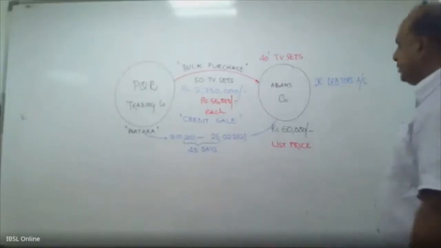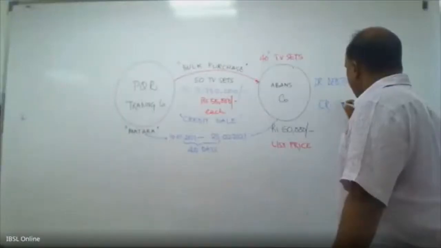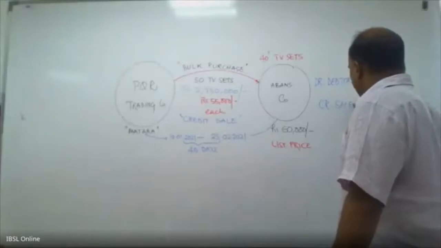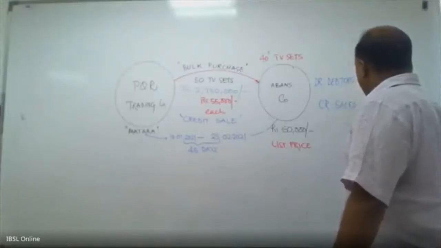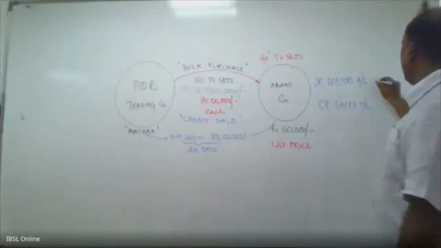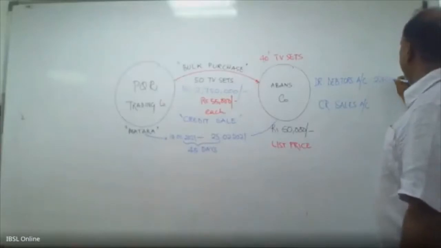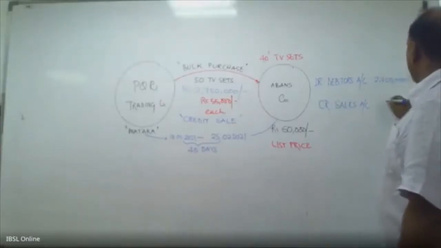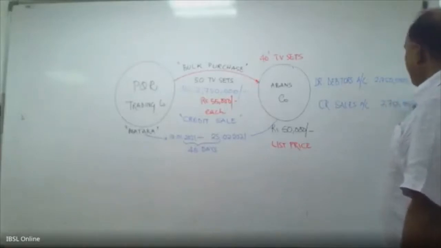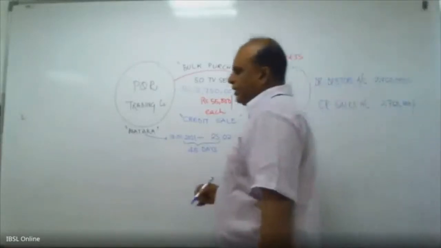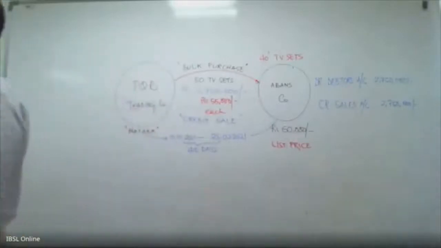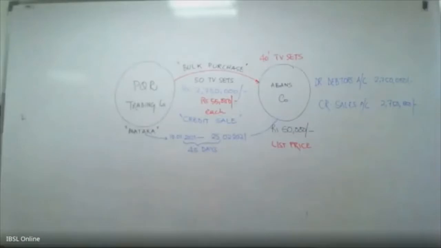Debit debtors. Okay. Credit sales. Credit the sales account. What is the amount? 2750. And if you are to write a description, what would you say? Being the sale of 50 TV sets of 40 inches. Are we clear on that?